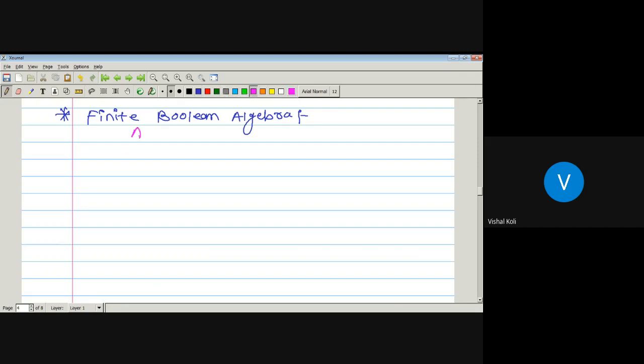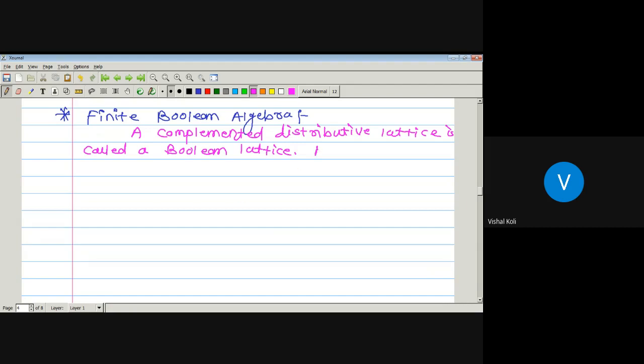Okay, so let us see the definition. A complemented distributive lattice is called a Boolean lattice. A complemented bounded lattice is different. So a complemented distributive lattice is called a Boolean lattice, and from that Boolean lattice we have to construct a Boolean algebra.